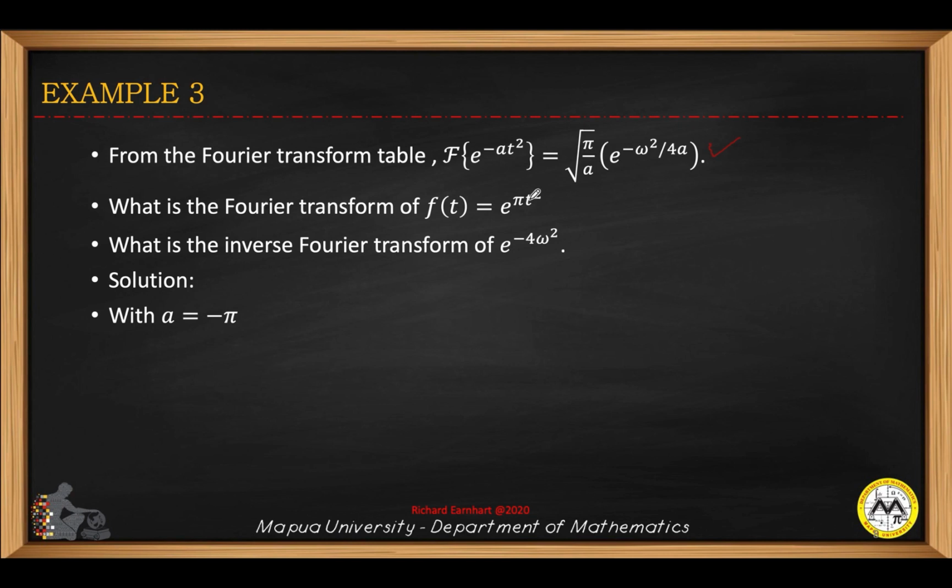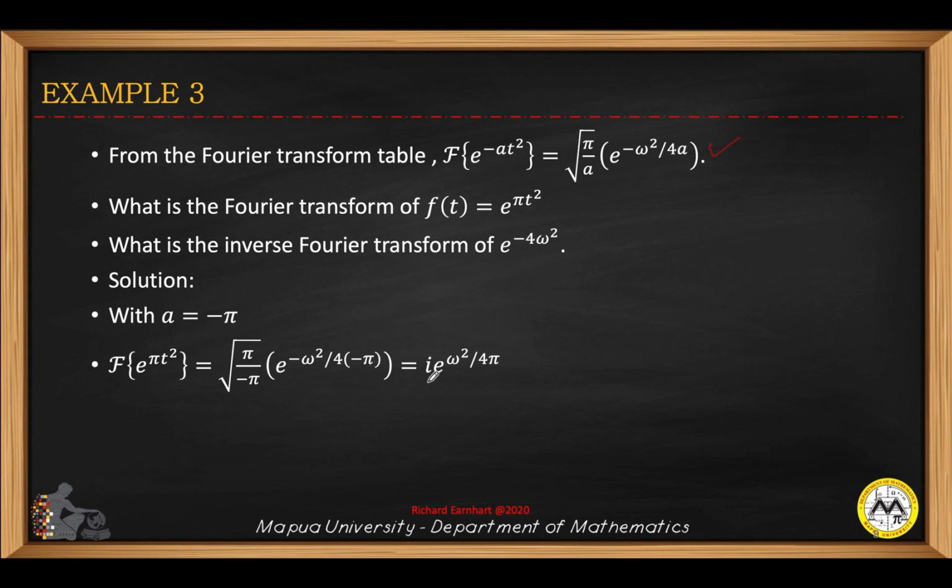For the first question, if you have e to the negative a t squared as the standard form, then your a should be equal to negative pi. The Fourier transform of e to the pi t squared, where a is negative pi, will be equal to square root of pi over a, with a as negative pi, times e to the negative omega squared over 4 times negative pi.